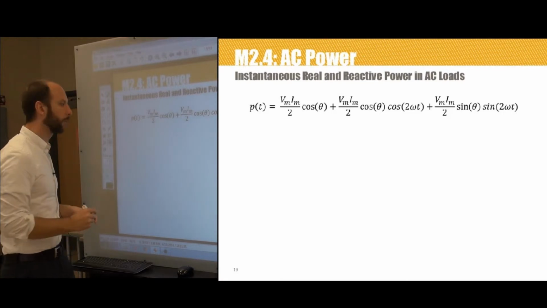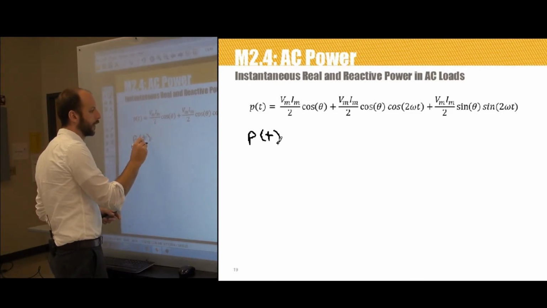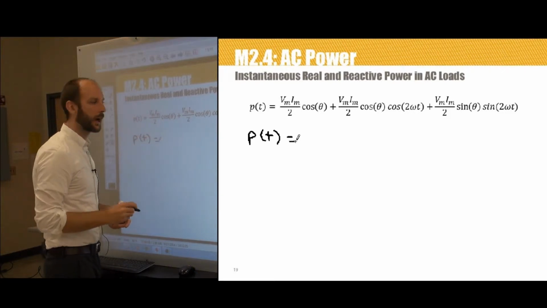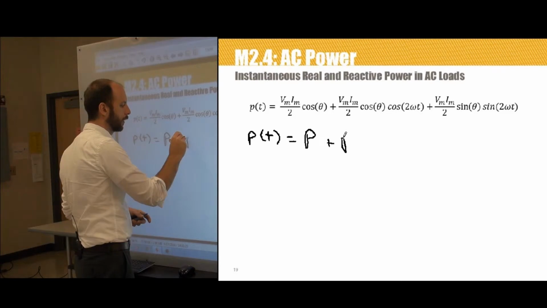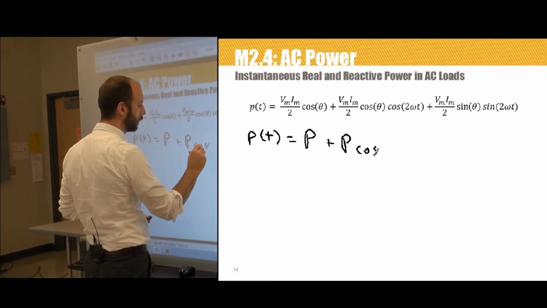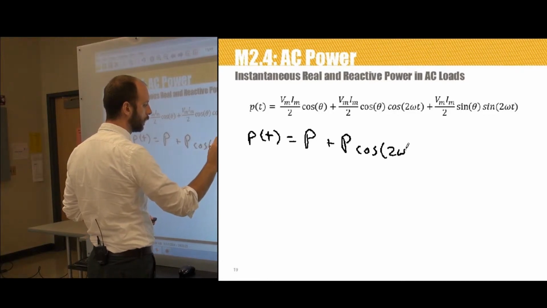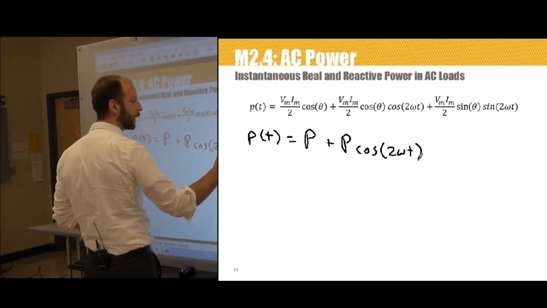A lot of times we're going to simplify this equation, not write it out in all that complex detail. We're just going to write it as capital P plus capital P cosine of 2 omega t plus capital Q sine of 2 omega t.